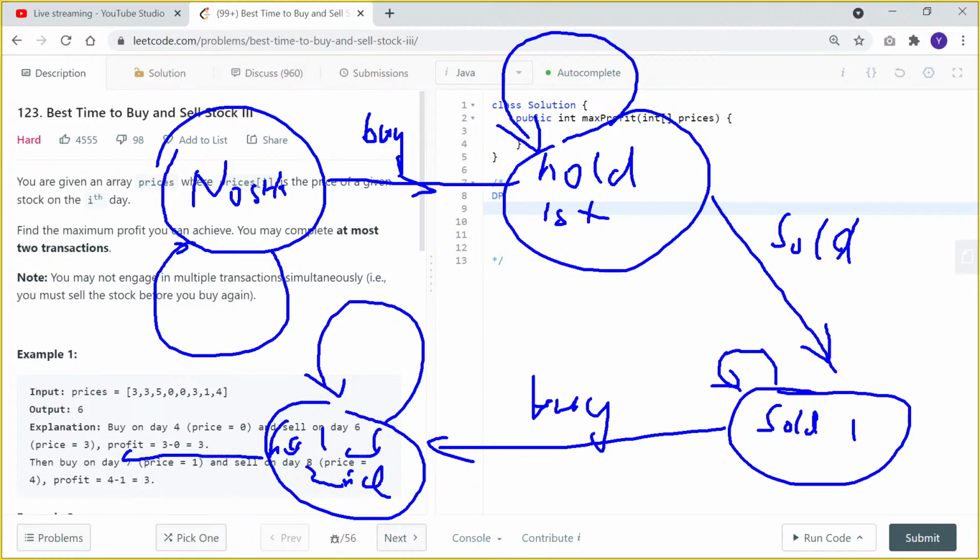Then the last one is we sell again and have no stock again. We can call it sold second time, sold two, which is like no stock, with a self loop. This covers all the situations that can happen in this question.